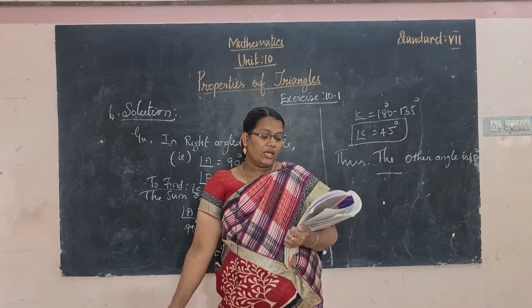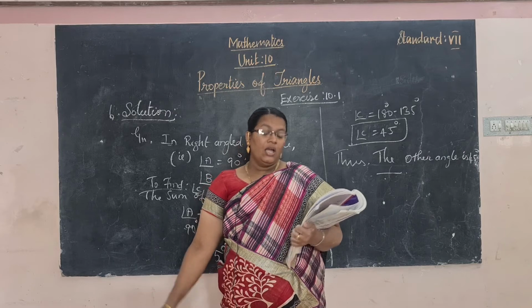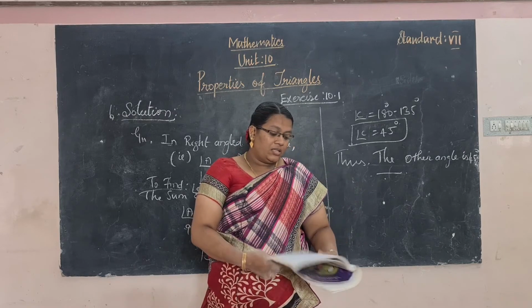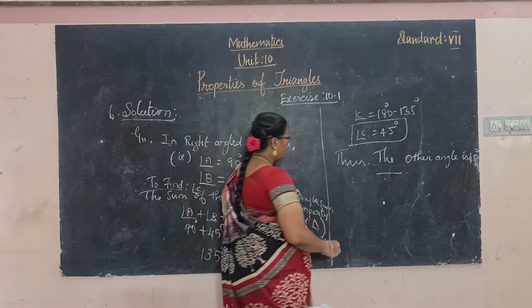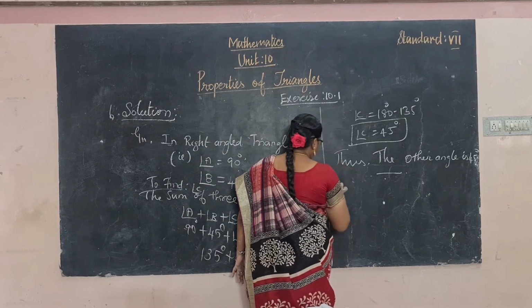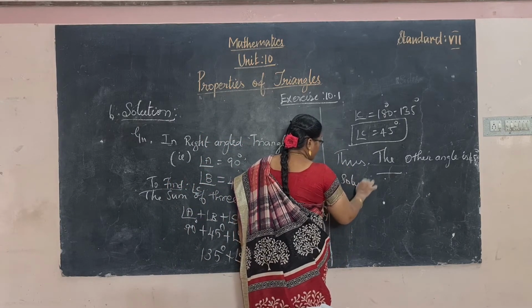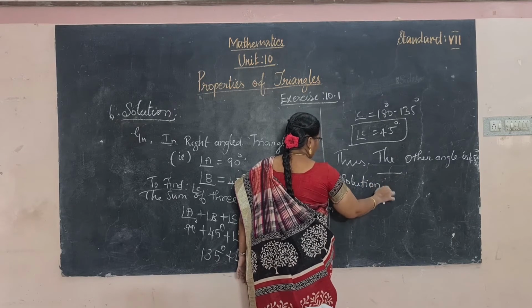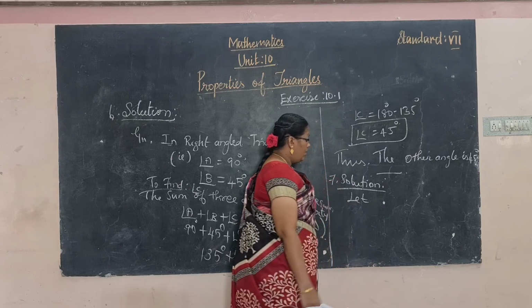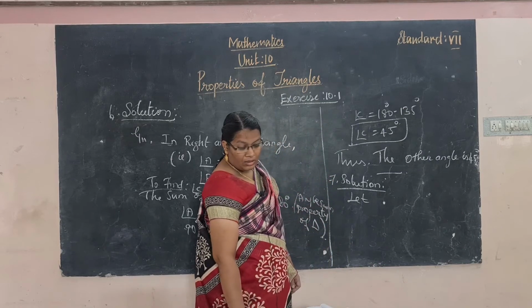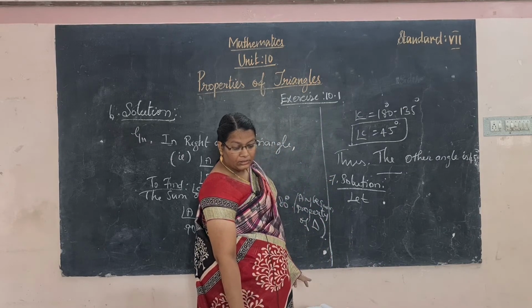Find the measure of all the angles. So the ratios are given, and you have to find each angle. Let x be the common factor.